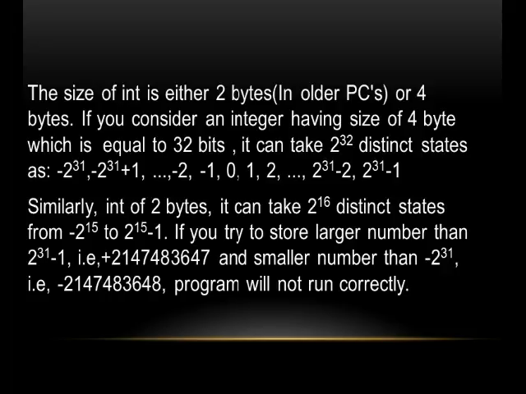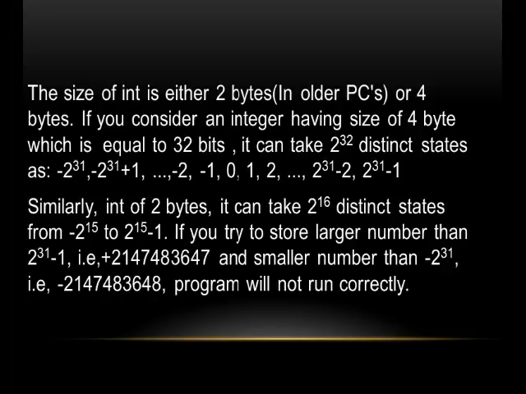So let's conclude. The integer data type allows a variable to store a numeric value. The int keyword is used to refer to the integer data type. The storage size of the int data type is 2 or 4 or 8 bytes depending on the PC.